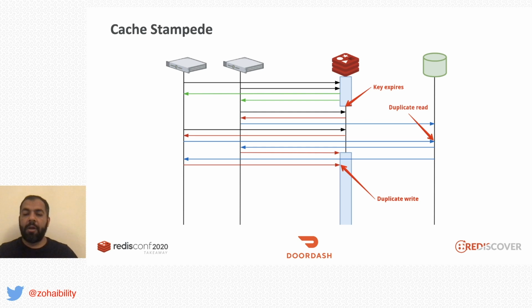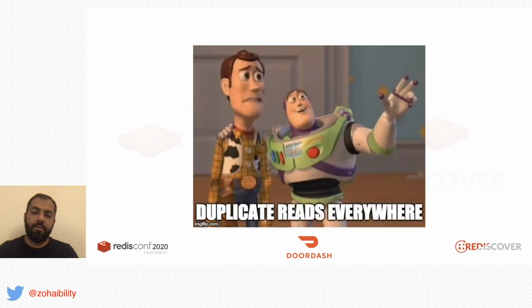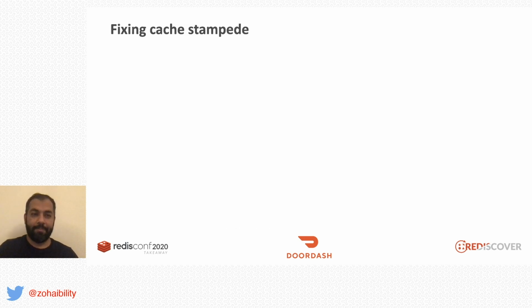So how can we solve that? What's a typical approach that's taken to solve this problem? Duplicate reads everywhere, duplicate writes on Redis, duplicate reads on the database. That is the main problem that we're trying to address.